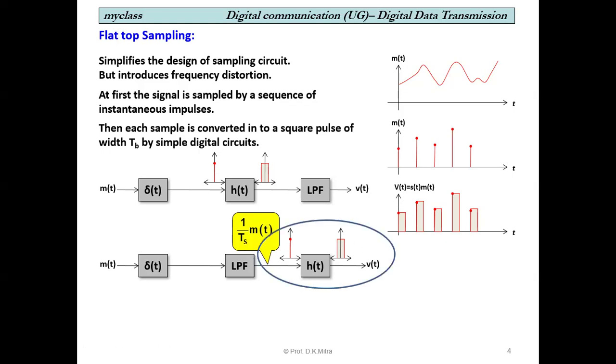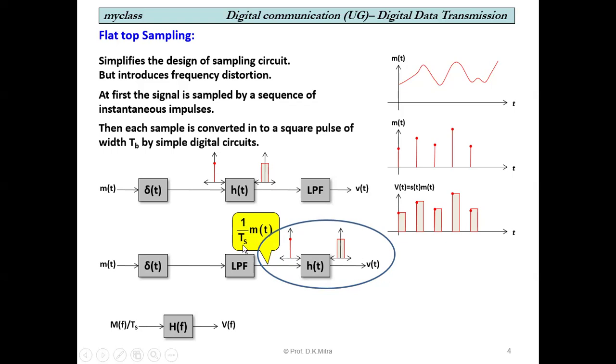Now let us focus on the transfer function of this particular circuit element or circuit box HT. What is its transfer function? Output of the HT is VT, that is the final voltage. This is the time domain representation. Its Fourier transform will be the frequency domain representation.